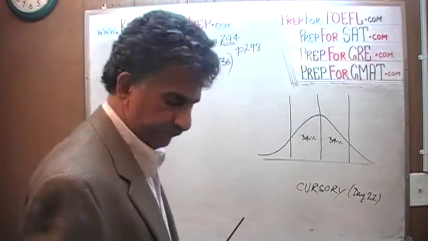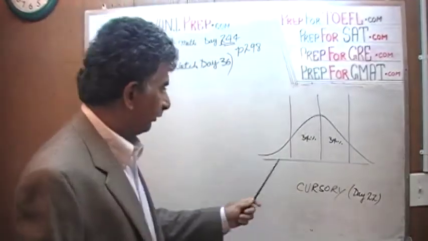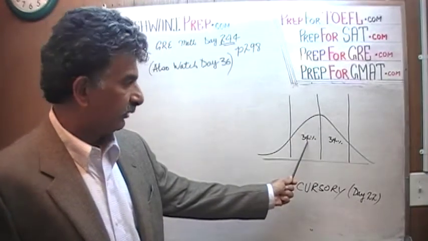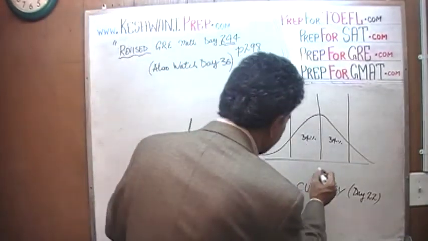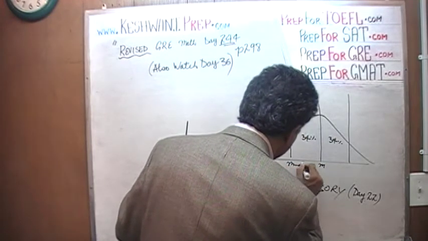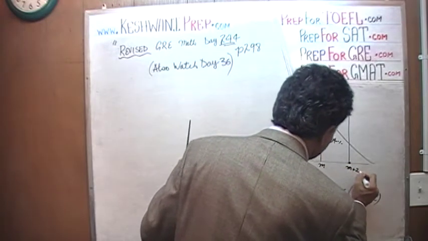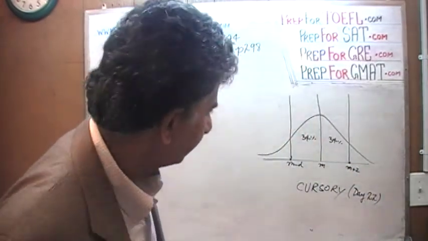Cursorily was the word. So we know that in a normal distribution we have 34% of the population to the left of it within one standard deviation. So this is your mean. This is the mean minus one standard deviation right here, and this is the mean plus one standard deviation.